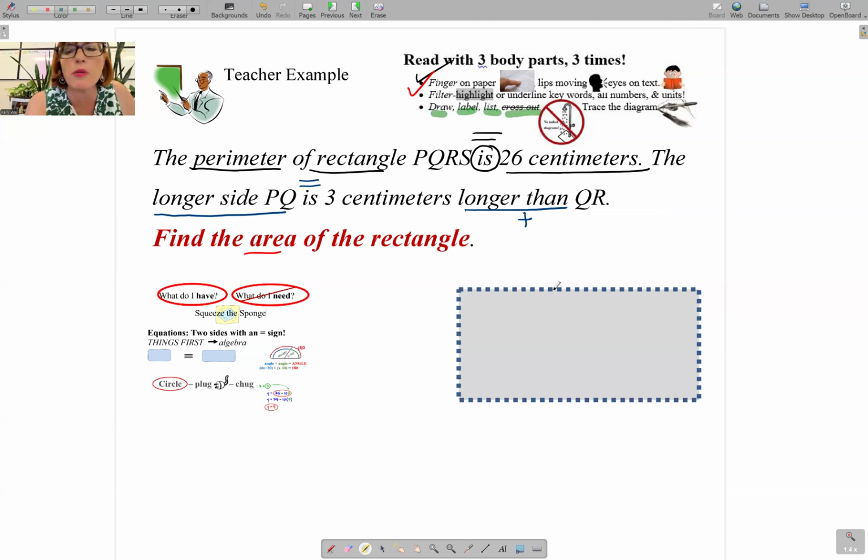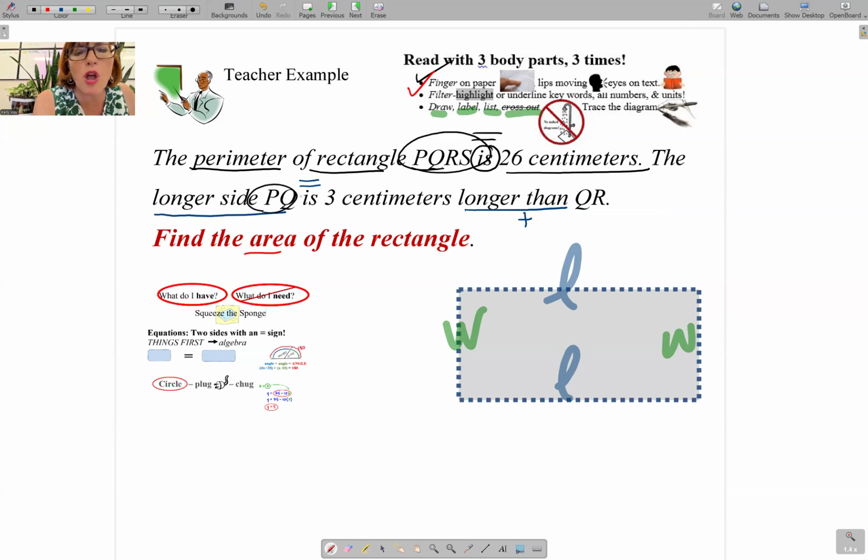So first I'm going to label our rectangle length and width. It's PQRS. And PQ is the longer side. So I'm going to start right here. P, go longer. Q, shorter. R, and S. I went counterclockwise.